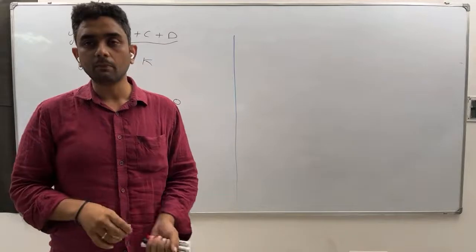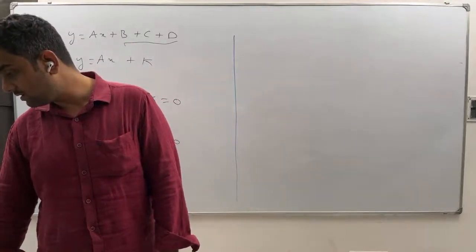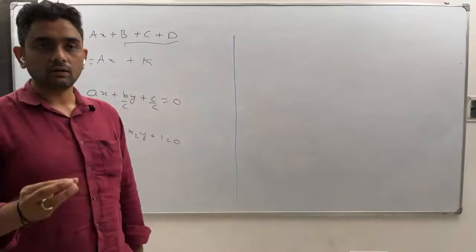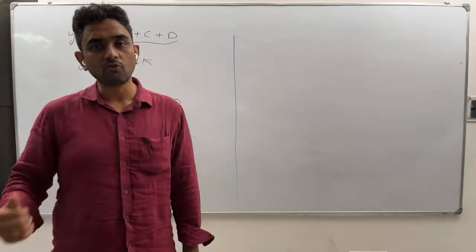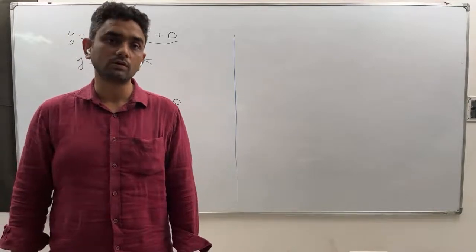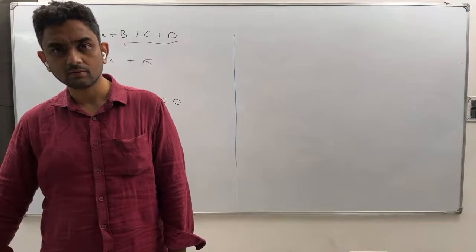Now another very important result comes from this, and that very important result is that the order of a differential equation is the same as the number of arbitrary constants in the original equation. Sorry, not degree, order. I said degree, right? Okay, order.